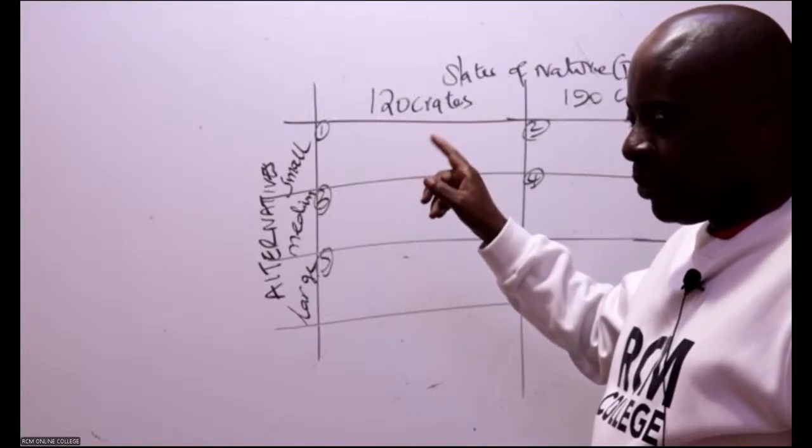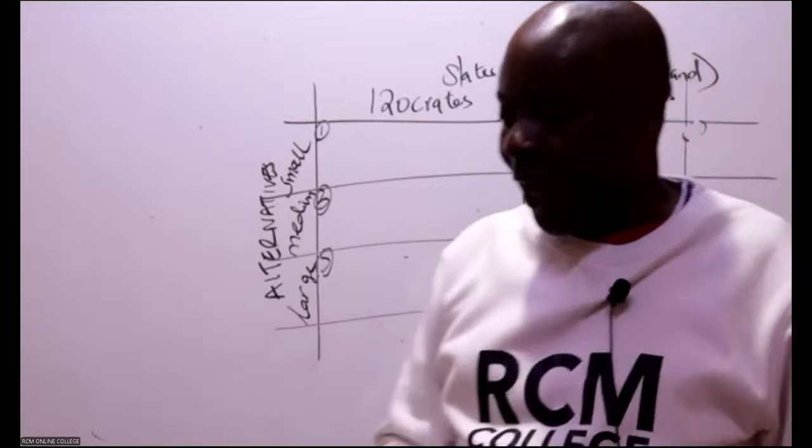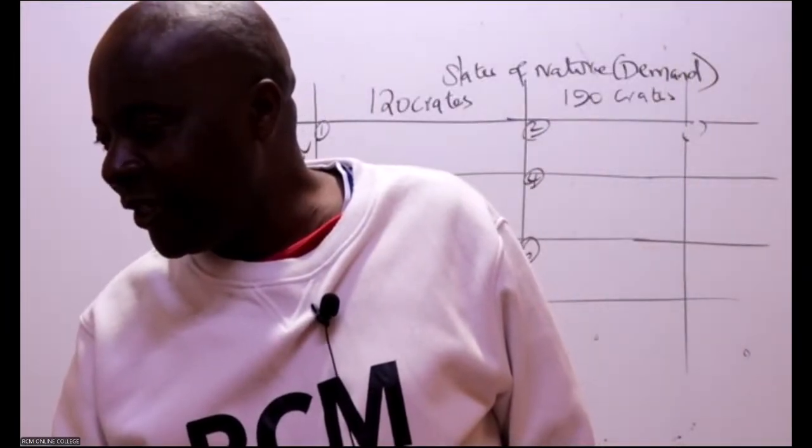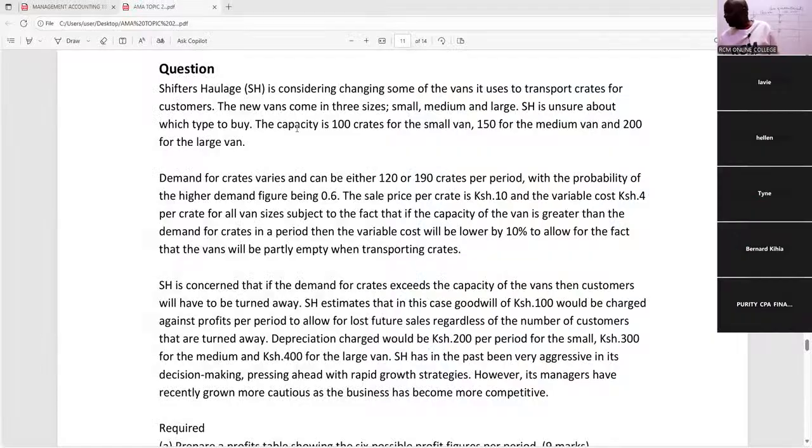Is there somebody who is able to see the capacity of the vans? As I finish this topic, ladies and gentlemen, the capacity of the vans, you can see small is 100, medium 150, and lastly, large 200.